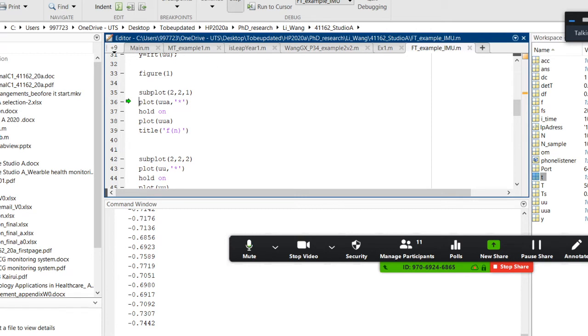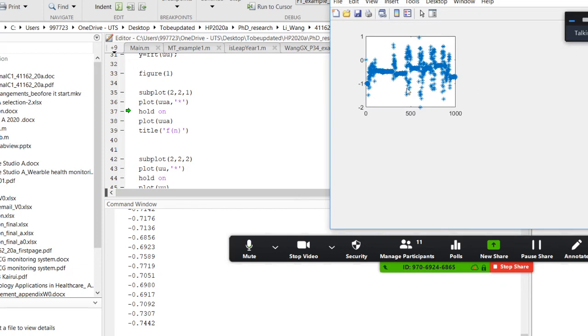And then we continue to draw and see what happened. So they have figure 1. They have 4 figures because you want to draw 2 rows and 2 columns, right? And then you draw the first one, so subplot the first one. This has 1000 data, right?